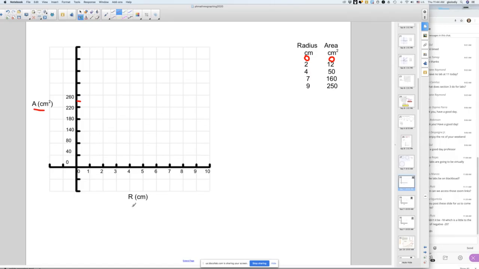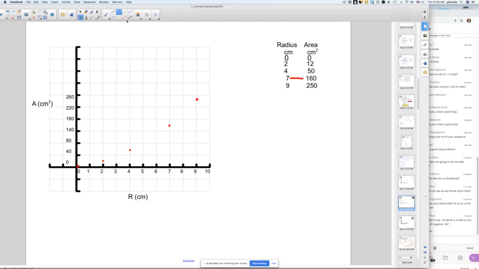We label our axes, and we make the graph. In other words, each one of these is going to be a dot here, and here are the points. Okay, using the 0, 0, we have, for example, this point here is 7. That's this over here. 7 and 160, which is over here, or in the middle.